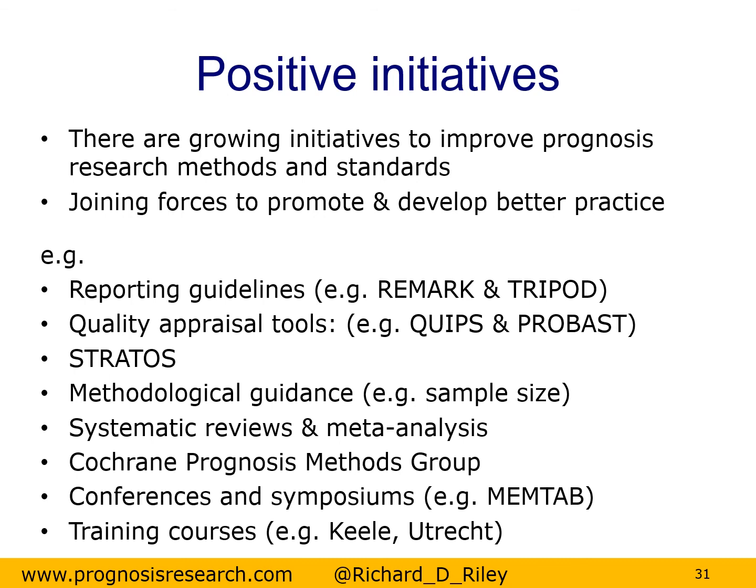Guidance has been released to improve sample size calculations for prognostic factors and prognostic model research. Cochrane have started implementing systematic reviews and meta-analysis of prognosis studies, so we can actually review and establish quality and reliability of current evidence in particular fields.